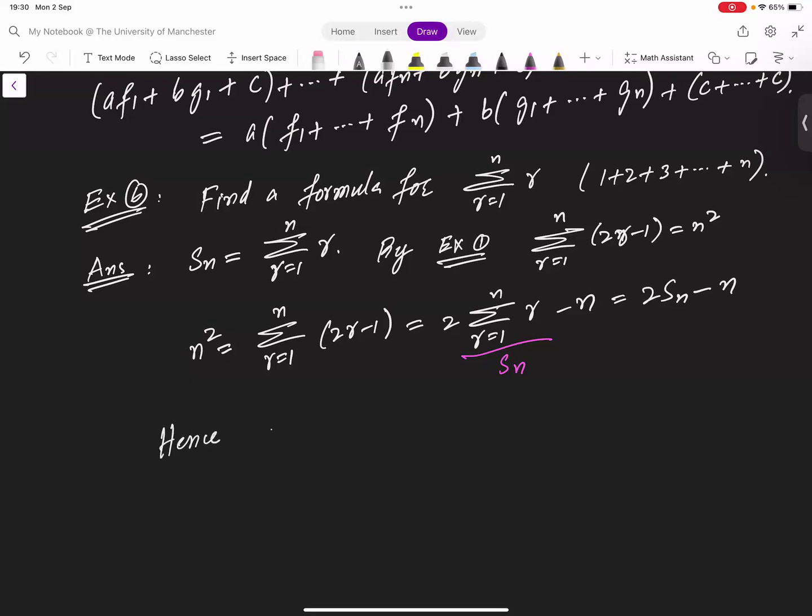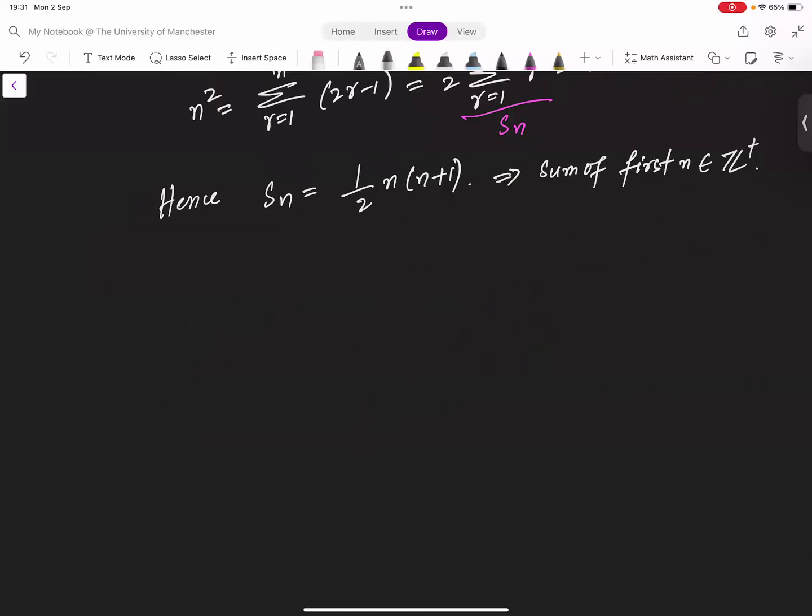Hence we can write that S_n is 1 over 2 n into n plus 1. And this is the sum of the first n positive integers. Okay, right.